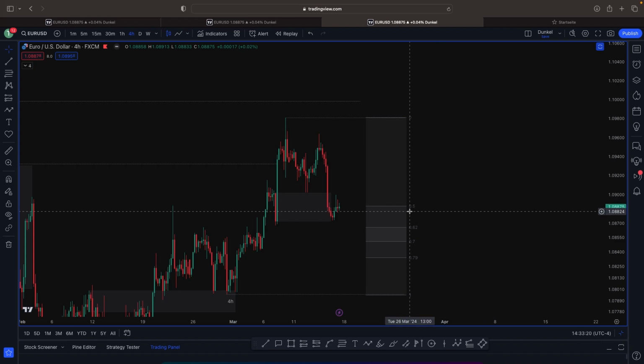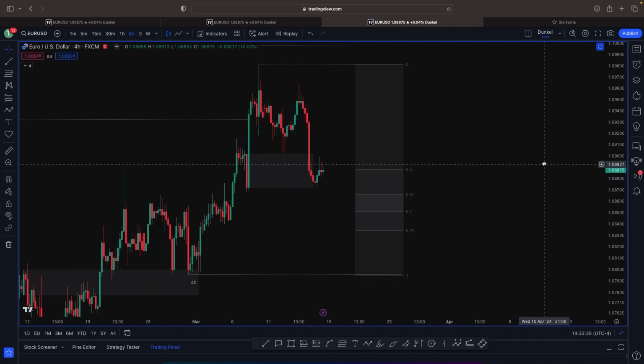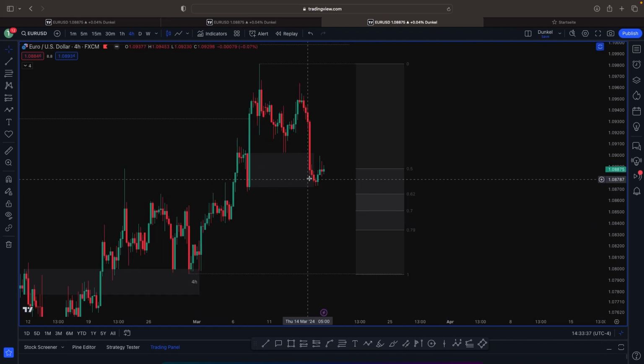Now, it already rebalanced to equilibrium, as we can see right here. I have marked up the low and the high with the Fibonacci retracement tool, and price is already below the 50% mark. Also, we mitigated this order block or this demand zone right here, which could mean, I'm not saying that this will happen, it could mean that we will now continue the trend to the upside.